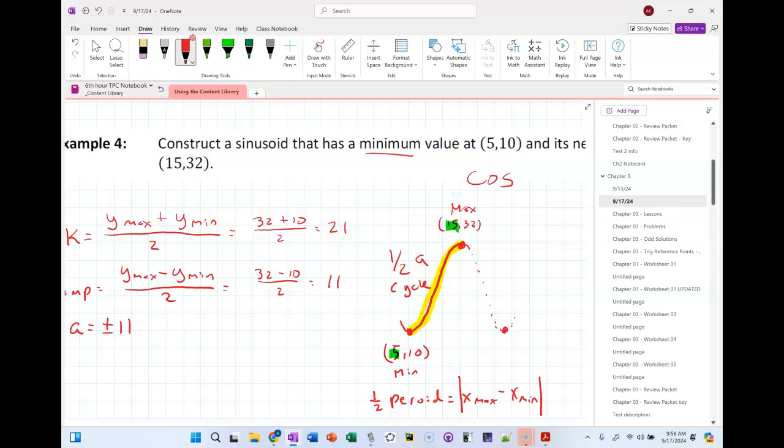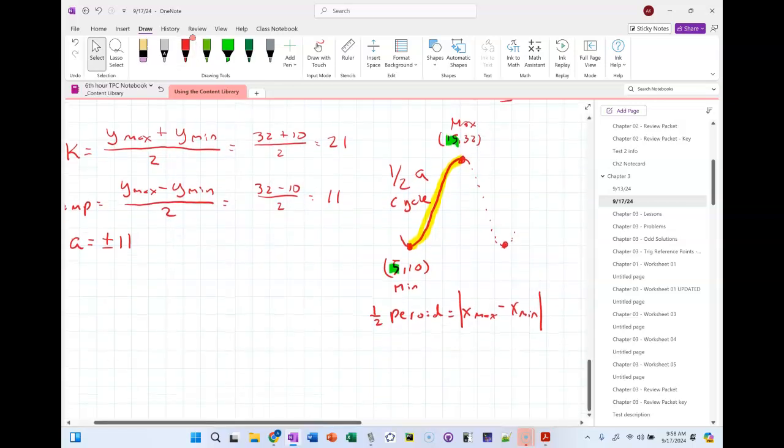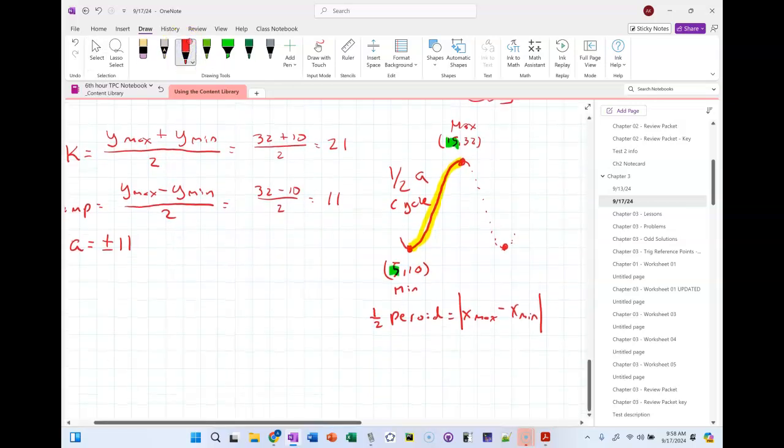It depends on x on the left versus the right, the subscripts get annoying. I'm just going to slap an absolute value around it and just subtract the two x's, and that's going to be good. Okay, so I know then that one period is going to be 2 times that, right?